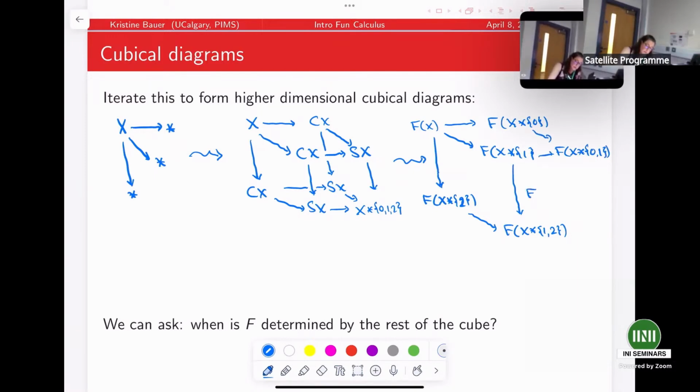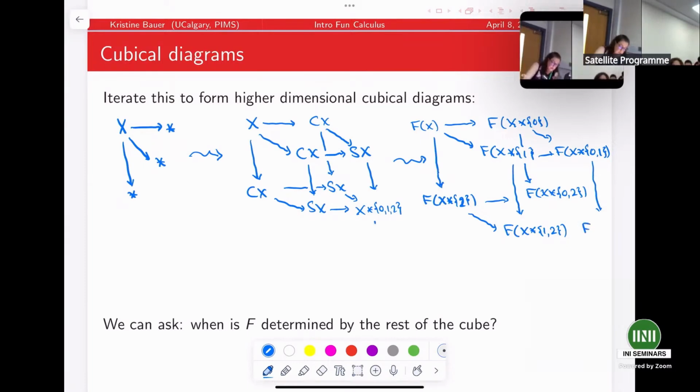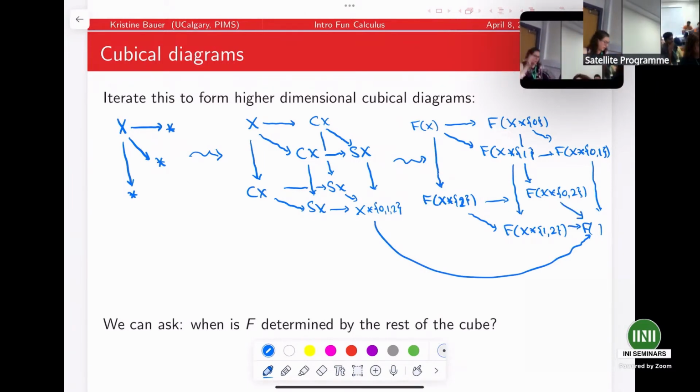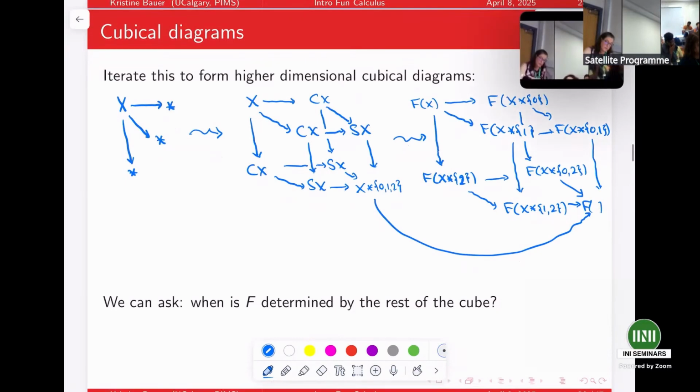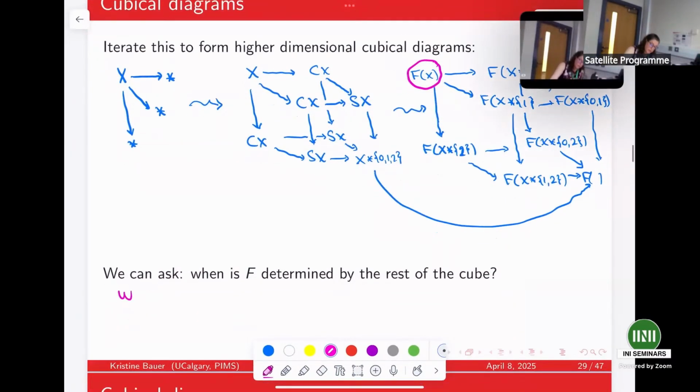And then down here I have F of X star, whatever's left, which I think is 0, 2. Okay, we've just set it up in a way that we can make it clear that we're keeping track of who's who. And then, of course, there was the last one, which doesn't really want to fit anymore. We'll just say it was F of this. Okay, and we can ask, when is F determined by the rest of the cube? In other words, when is this diagram a homotopy limit diagram?